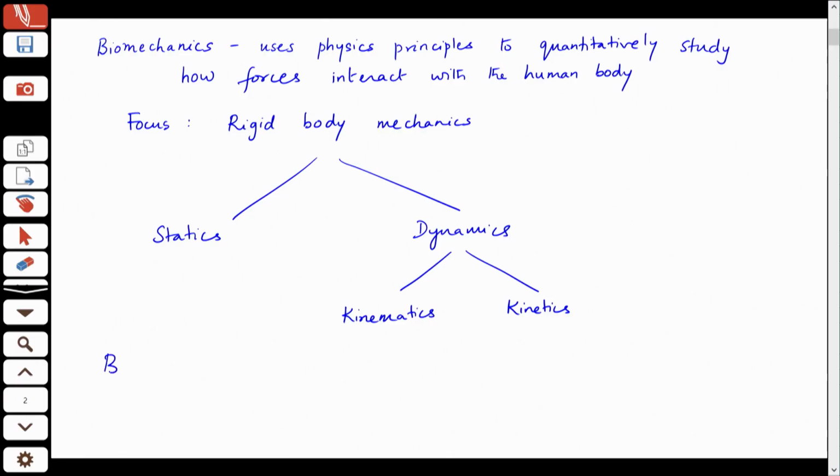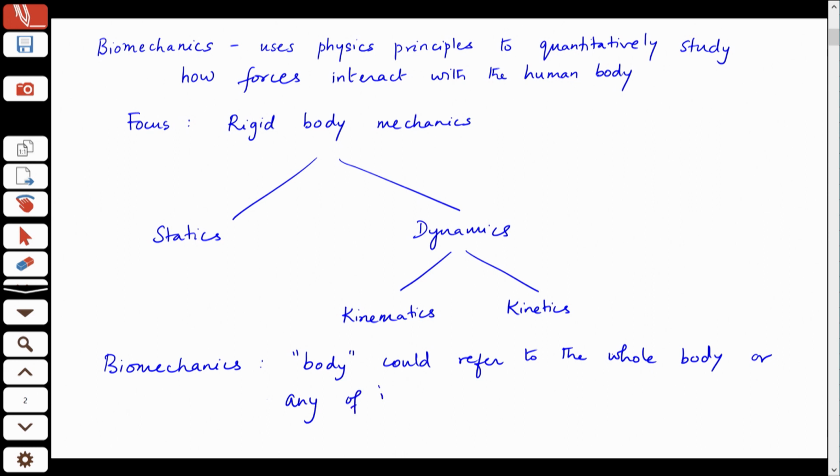So, when I say body, it could be the whole body. In biomechanics, body could refer to the whole body or any of its parts or segments under consideration.